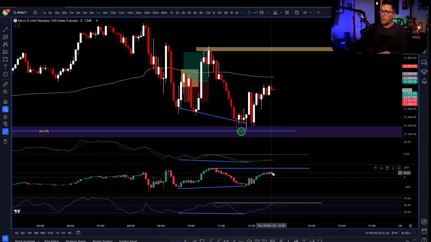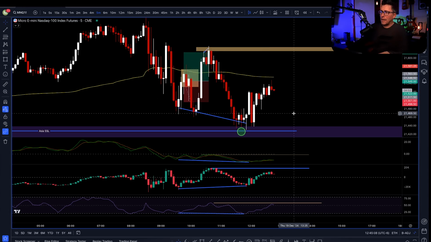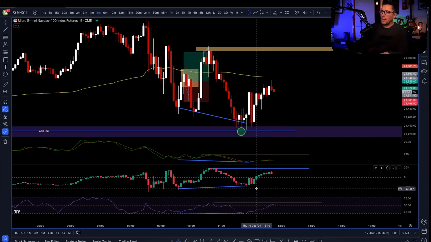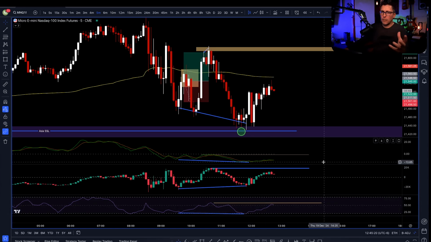Let's say CVD popped above this line, but price didn't get there and started to turn back down right away. And price went down and one of these indicators broke the bottom swing level. That's game over. The idea is just not intact anymore.